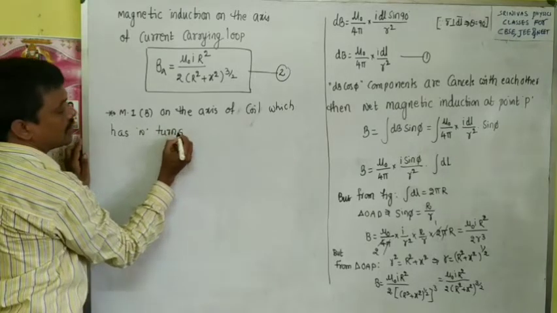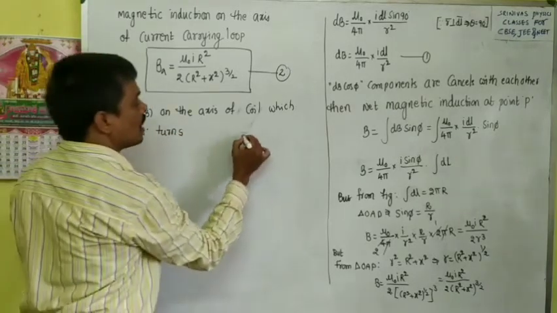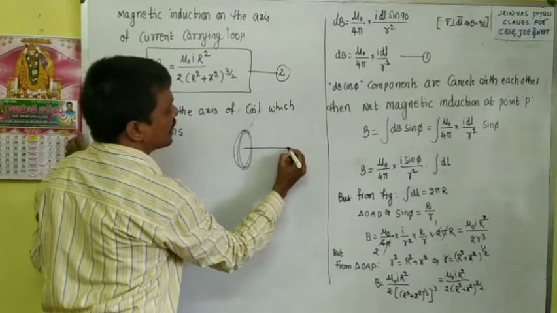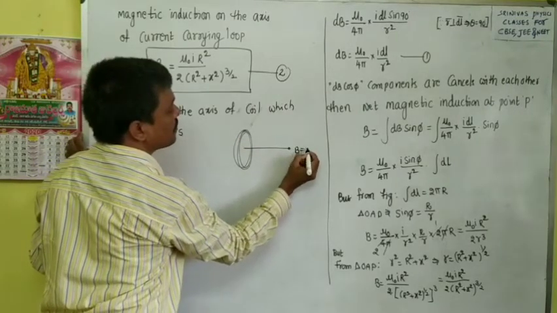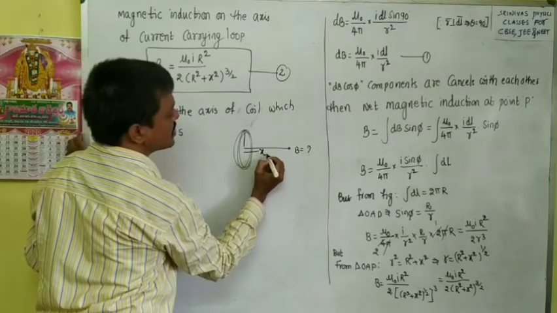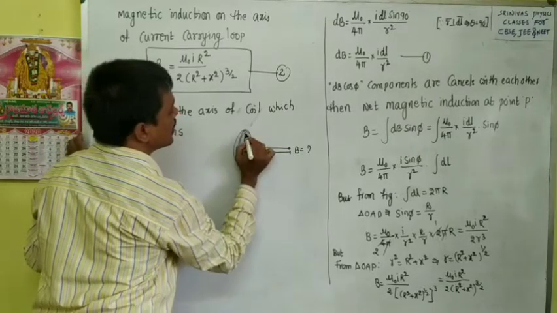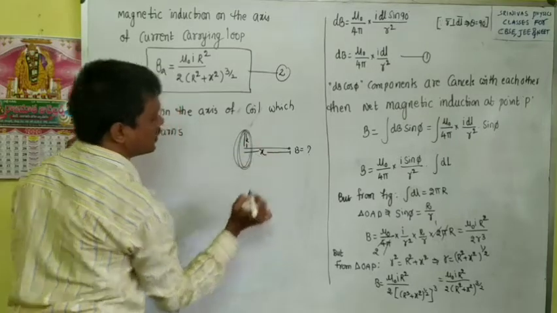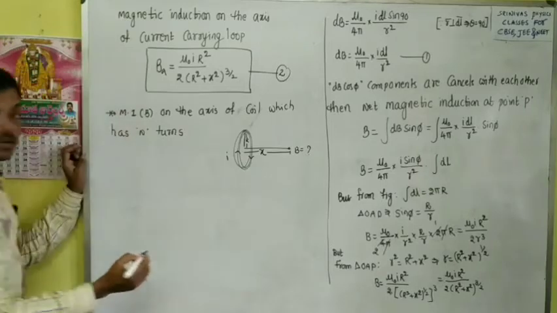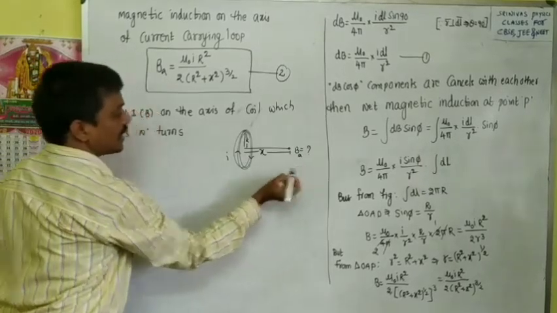Okay, this is the coil and I want the magnetic induction on the axis of coil. The distance is x and the radius is capital R, right? And it carries some current, the current is I. What is the formula for the magnetic induction on the axis?